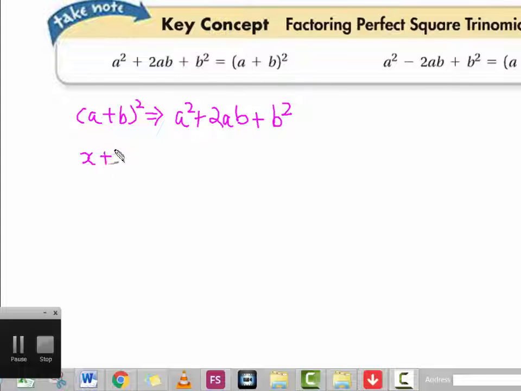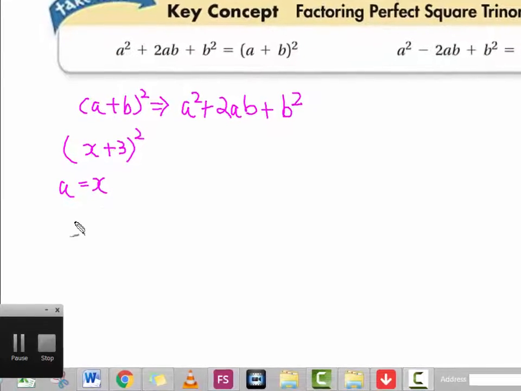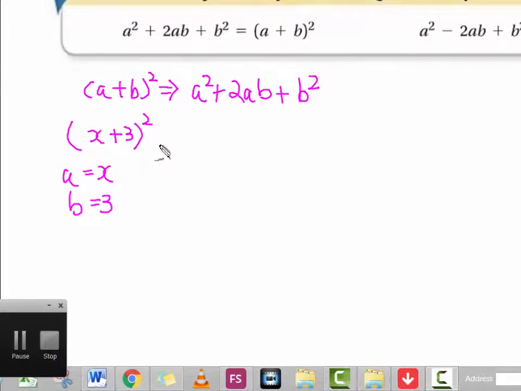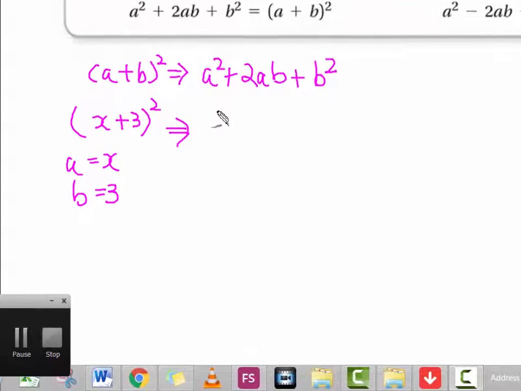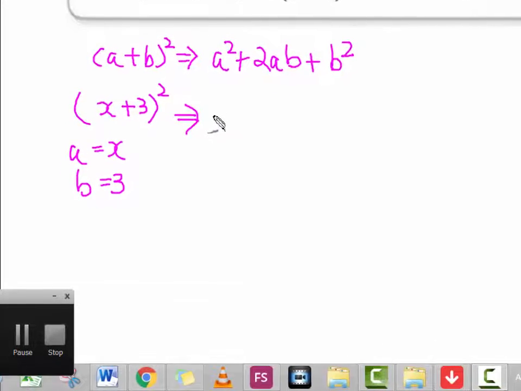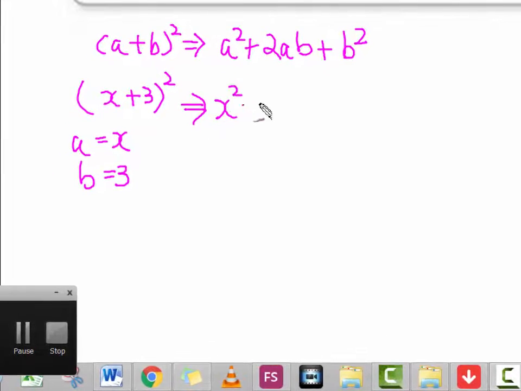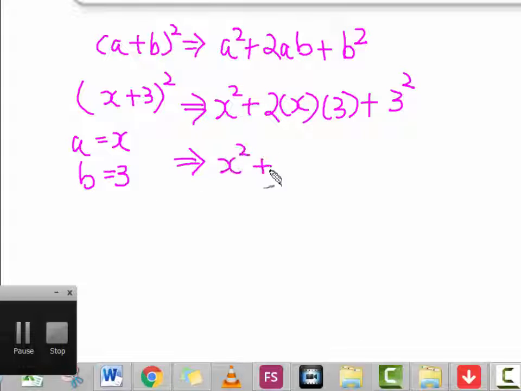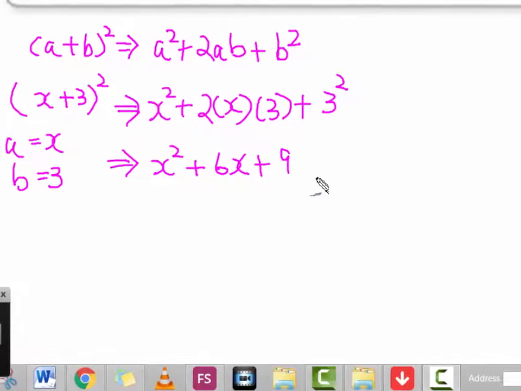If you have x plus 3 whole square, so a is equal to x, b equal to 3. According to the formula, we can just expand it right away by saying a, which is x squared, plus 2, a is x, times b is 3, plus b squared, so 3 squared. So we end up with x squared plus 6x plus 9.